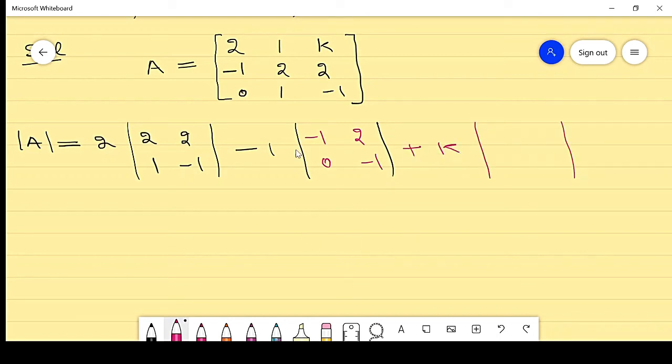You know how to find the determinant, so that's why I am going directly.